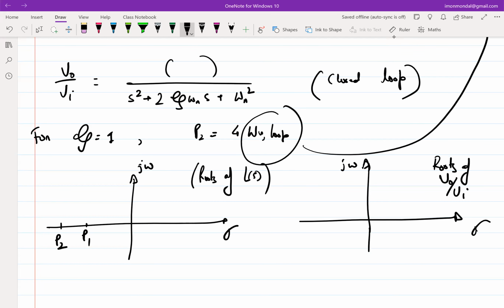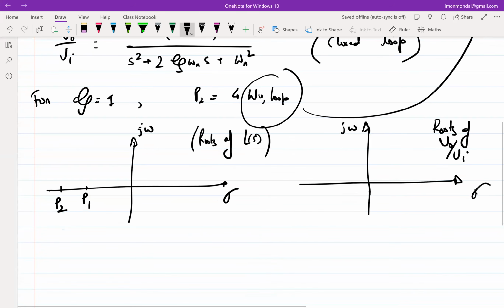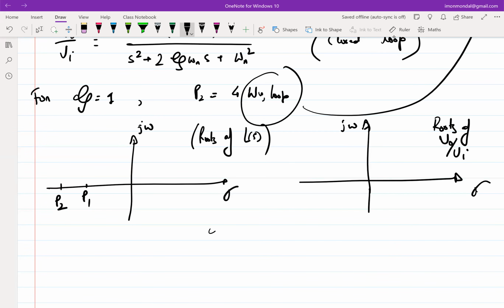So for zeta equal to 0, where do you think the poles of V naught over Vi will lie on this S plane?